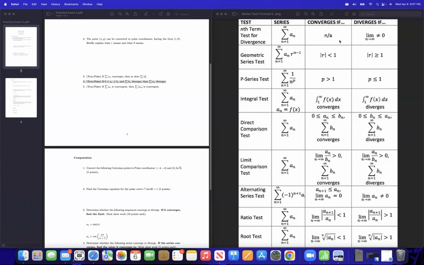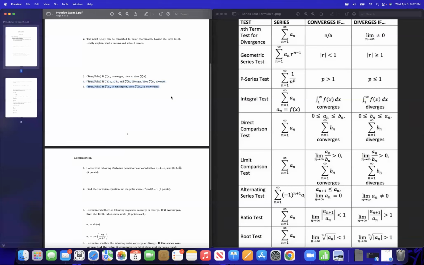So this clearly is not matching. The inequalities aren't matching. You could try to compare it with this one. The theorem says that if b of n is less than a of n, but this one is saying that a of n is less than b of n. So this is definitely wrong.